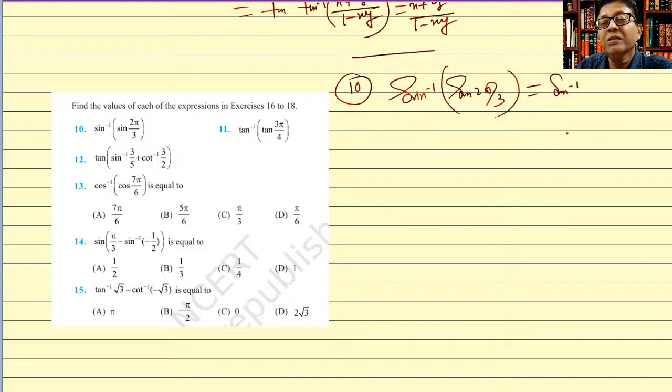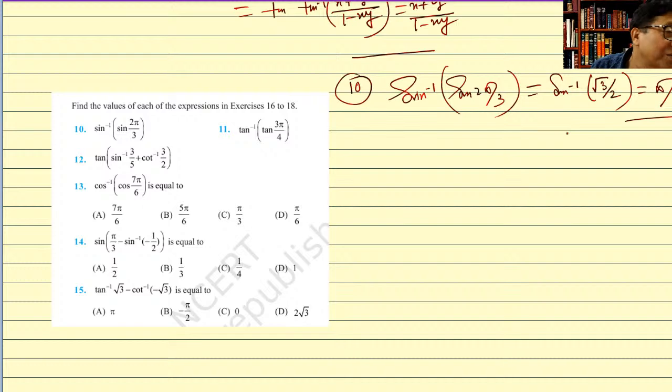Sine inverse of sine 2 pi by 3 is pi minus pi by 3, which is nothing but pi by 6. Because 2 pi by 3 I am not writing. I have found the value of sine 2 pi by 3, which is root 3 by 2, and it is between minus 1 and plus 1. Right, pi by 6.